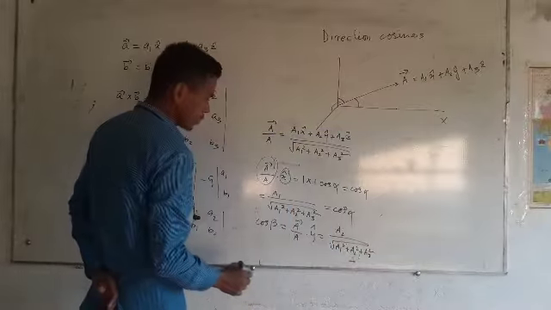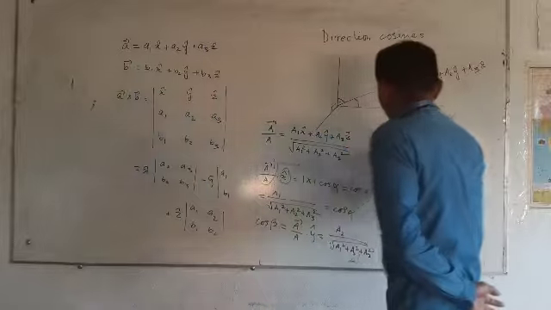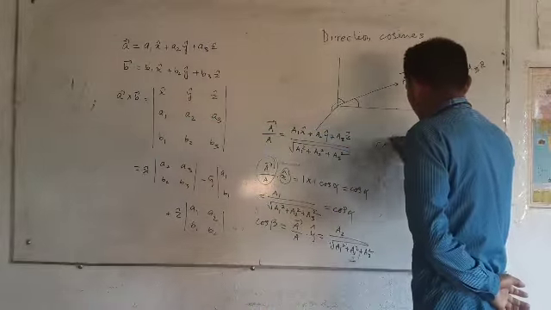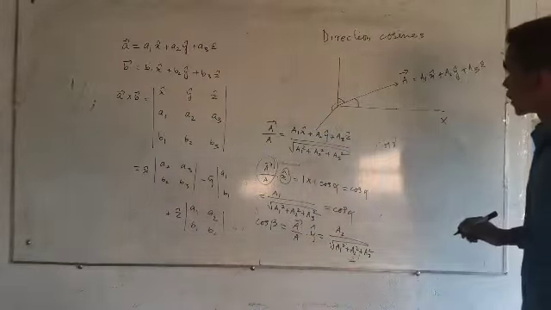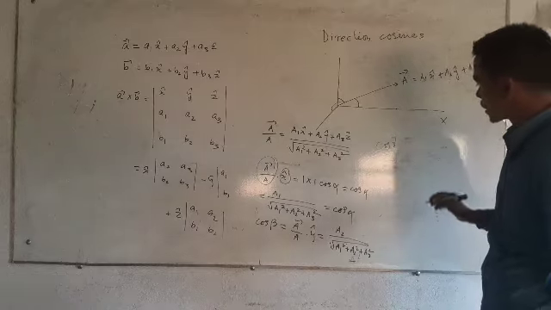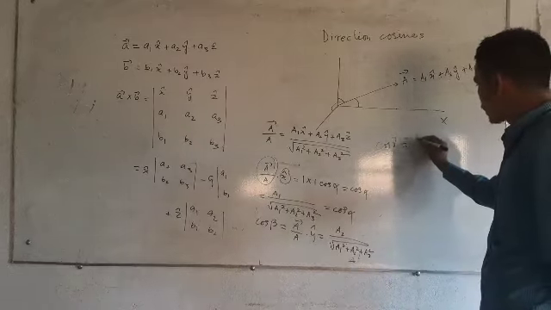Like this, cos gamma, the cosine of the angle made by the vector A with the z-axis, is equal to the unit vector dotted with z cap.